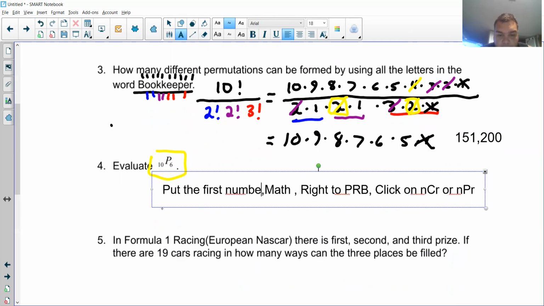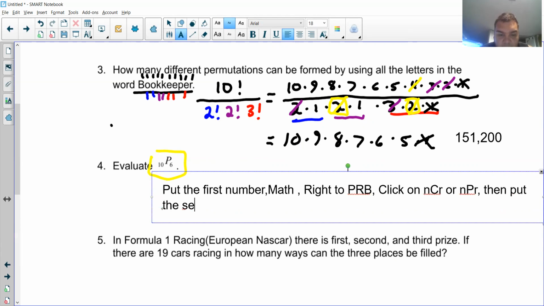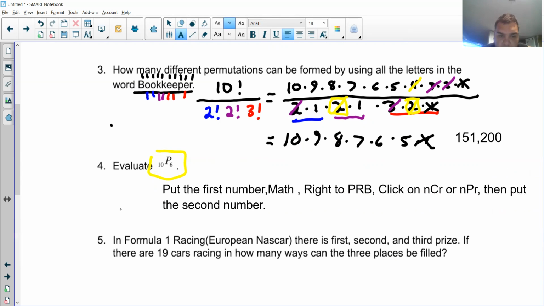Then do all that. Then put the second number. Okay. So then this is for a calculator. If you type into your calculator, I just did it right now. I believe it should be 5040.